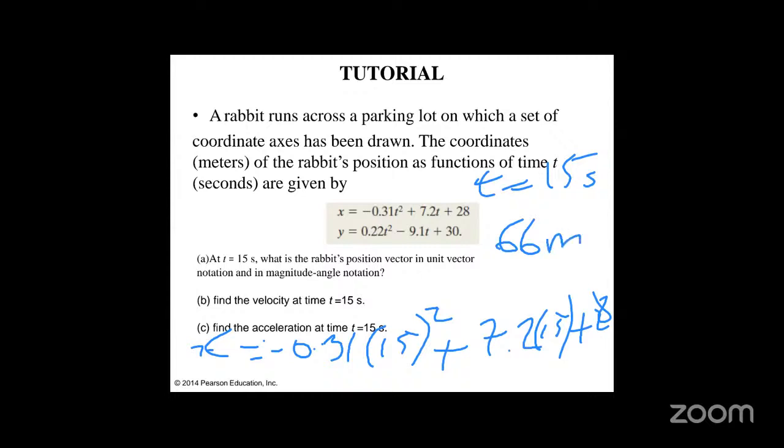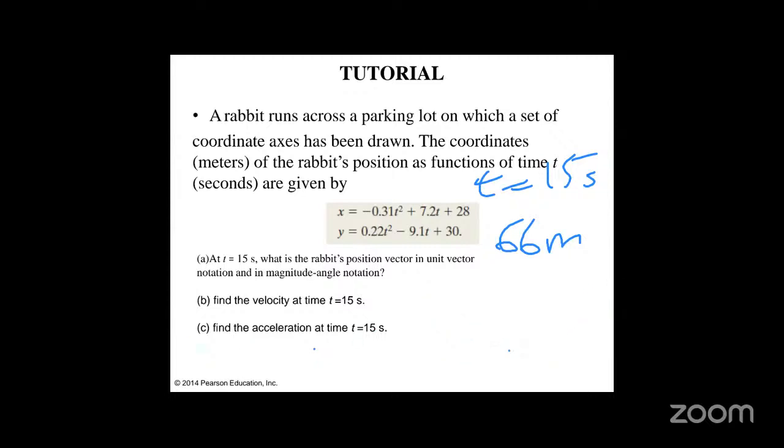And that is for X. For Y, we have 0.22 t squared, which is 15 squared, minus 9.1 t, which is 15, plus 30.